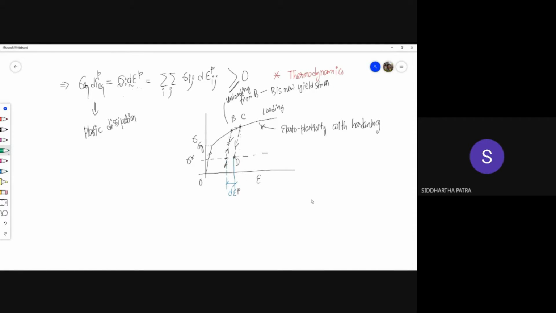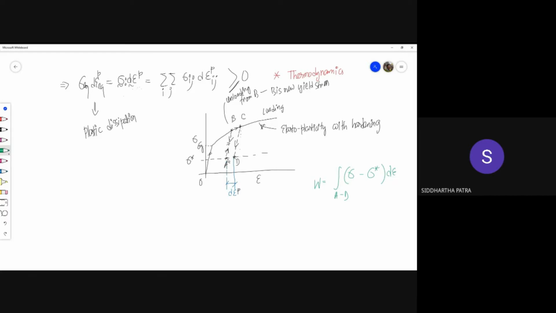So the net work done going from A to D is the integration of sigma minus sigma star d epsilon.